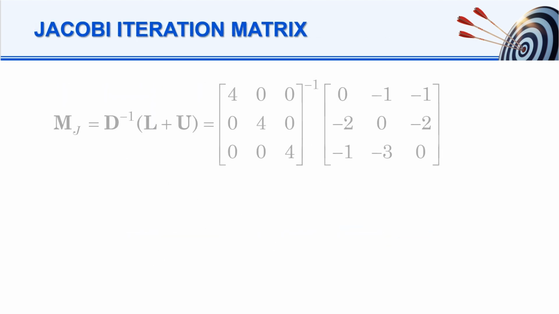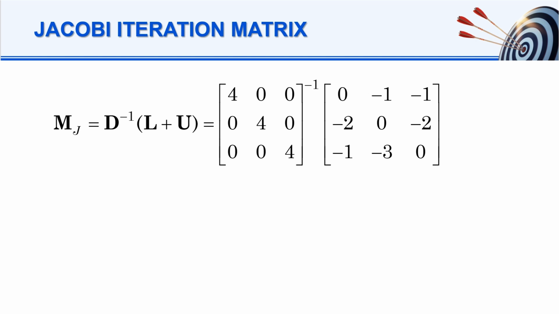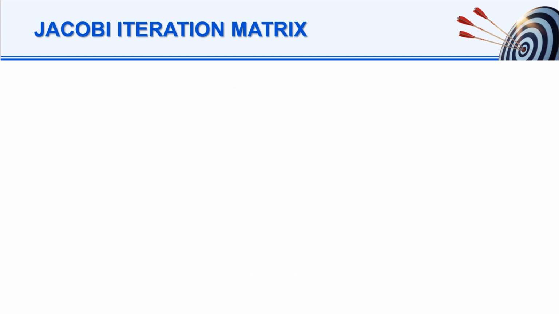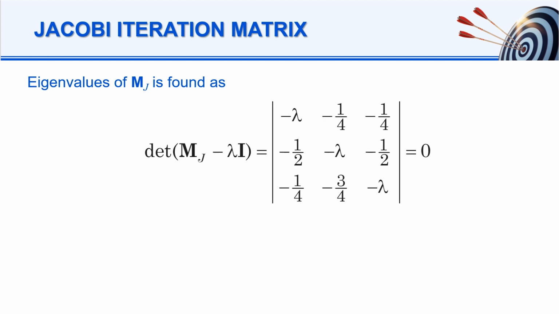The Jacobi iteration matrix is constructed as follows. The eigenvalues of the Jacobi iteration matrix are obtained as follows.